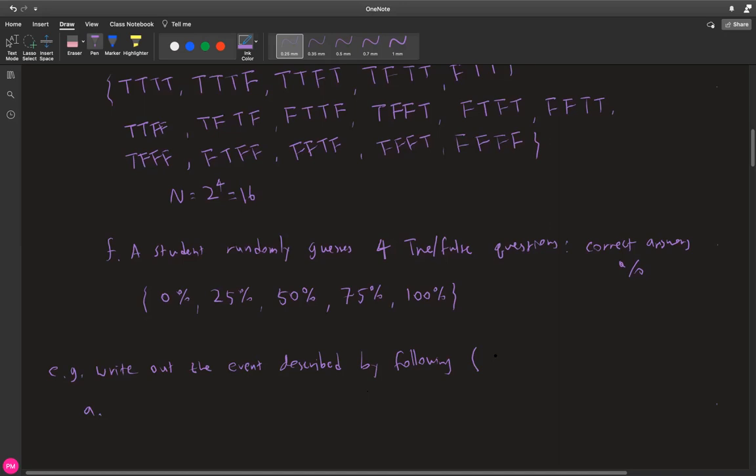Here the scenario is that the coin is tossed 3 times. And that's the sample space that we're looking at.